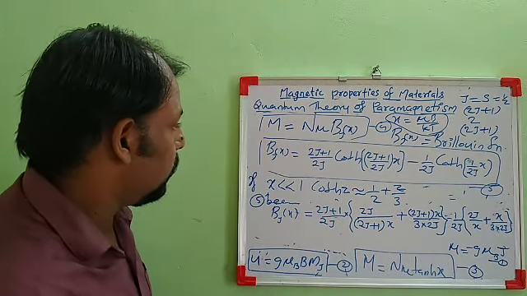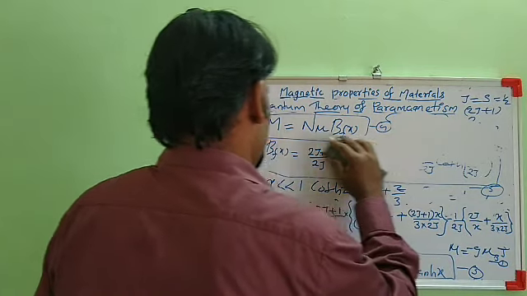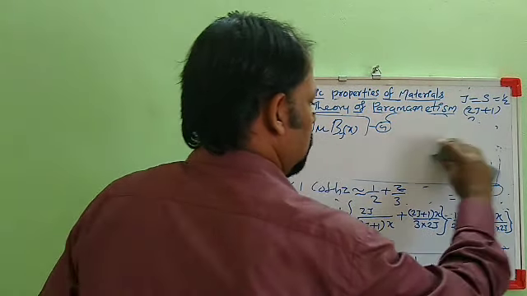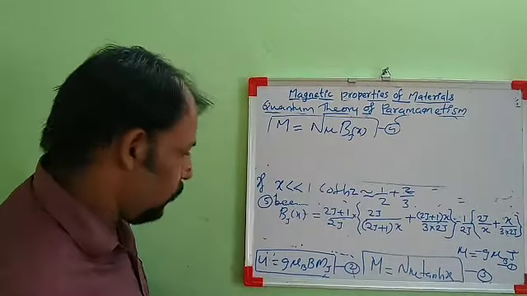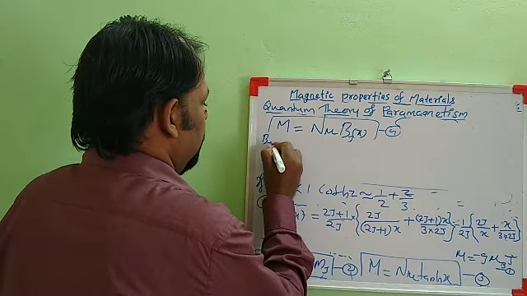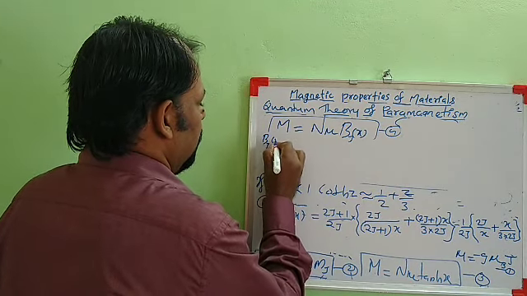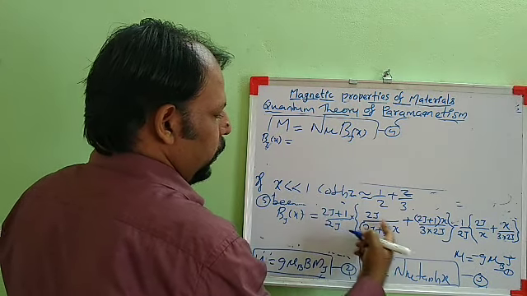So this equation. In this case, we can write Bj(x), the Brillouin function, as (2j+1)/2j into this one.